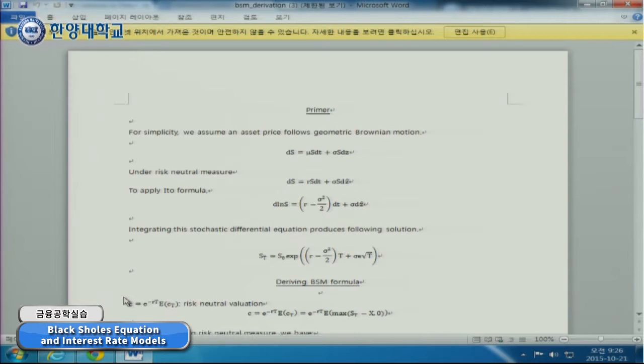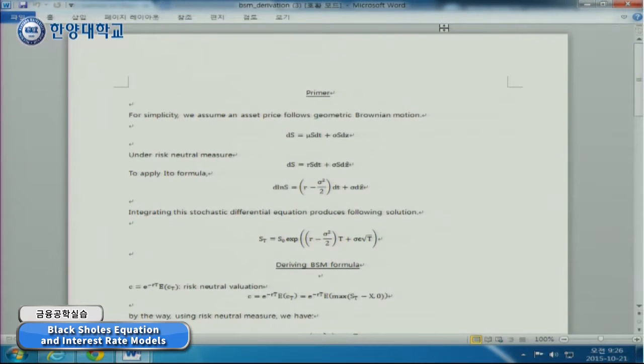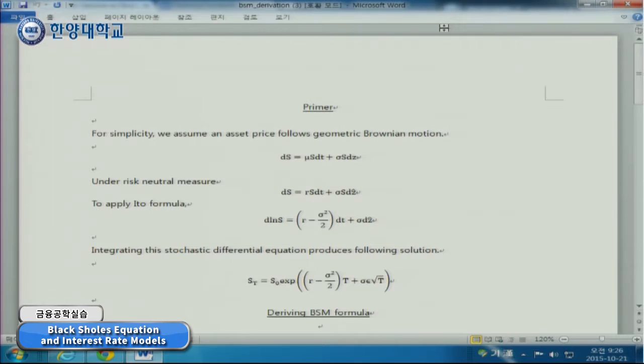Anyway, so for simplicity, we assume the asset price follows the geometric Brownian motion model, dS = mu S dt + sigma S dz, and we are in the risk neutral world.